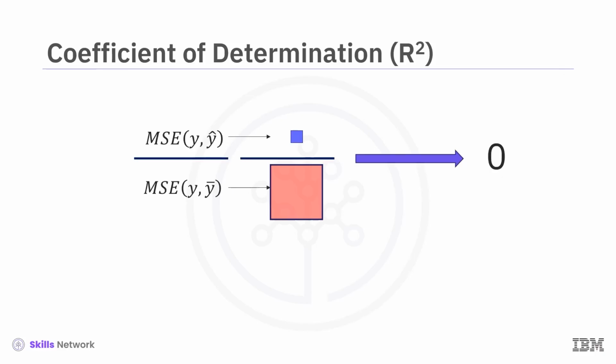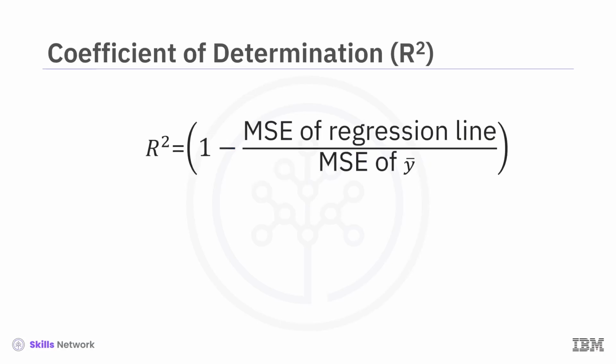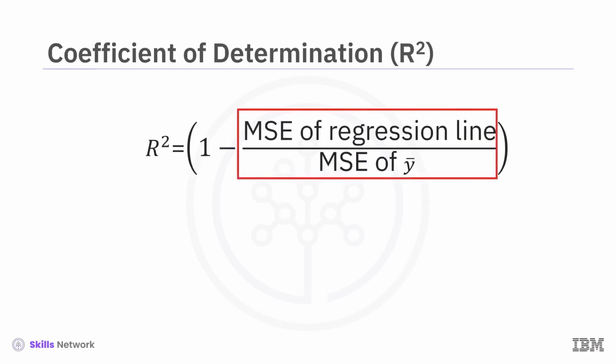As the MSE with respect to the average increases, or the MSE with respect to the regression line decreases, the ratio begins to approach 0. In this case, the ratio of these two mean square errors is quite small, meaning the R-squared value is close to 1 because the ratio gets subtracted from 1. 1 minus 0 is 1.